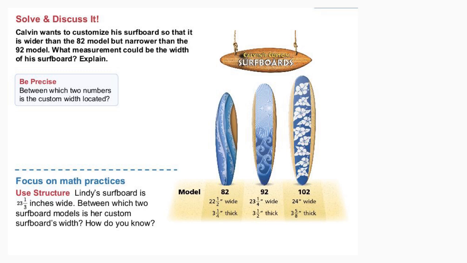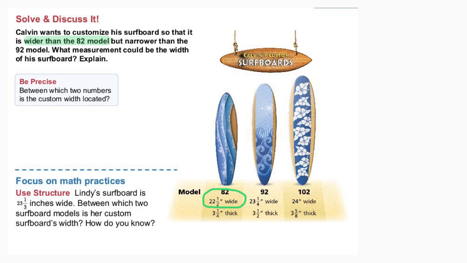We know that Calvin is going to make his own surfboard, and he wants it to be wider. Let me undo that and get a highlighter. He wants it to be wider than the 82 model. Well, if I look at my data, the 82 model is 22.5 inches wide.